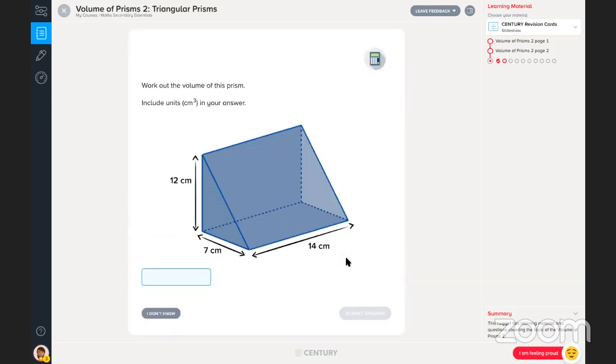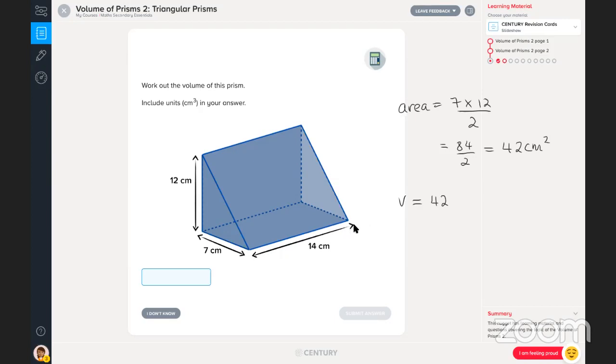Follow the same process. So we want area first. Area is going to be base times height, so 7 times 12 divided by 2. That's going to give me 84 divided by 2, which is 42 centimeters squared. Now for the volume, volume equals area, 42 centimeters squared, multiplied by the length.